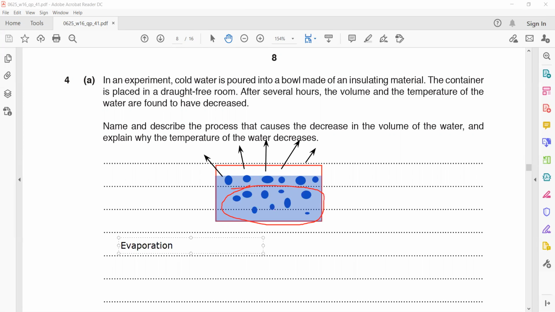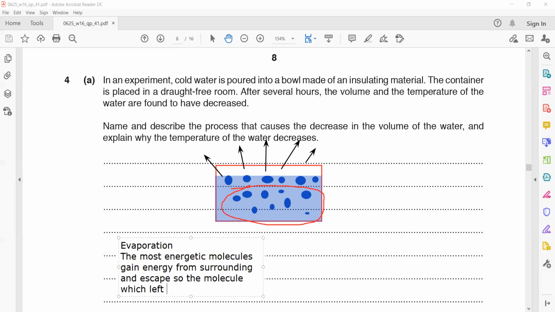And what happens in evaporation? The most energetic molecules gain energy from the surroundings and escape. So the molecules which are left behind have low energy, because some of their energy is taken by the molecules which are going out.